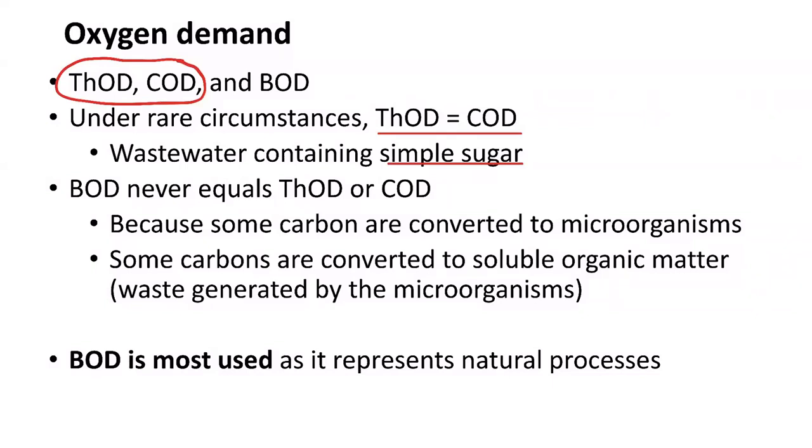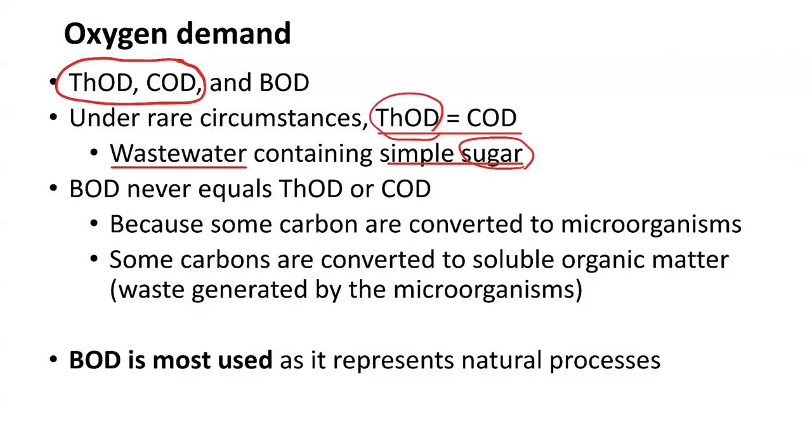The first reason is that these sugars are very easy to decompose, and also we know exactly what the composition of the wastewater is. But if the wastewater is very complicated, which is the normal case, let's say from a wastewater treatment facility, then the composition is so complex that there's no way we can do this theoretical oxygen demand calculation.